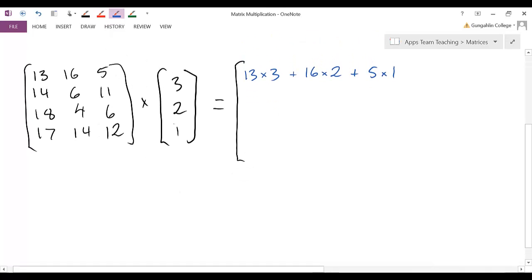So the next one, 14 times 3, 6 times 2, 11 times 1, and so on. Let's keep going.